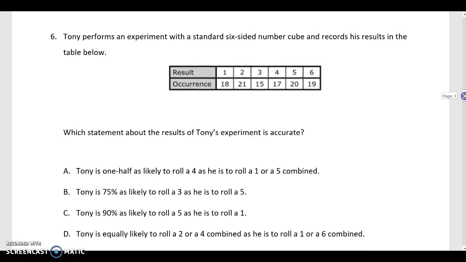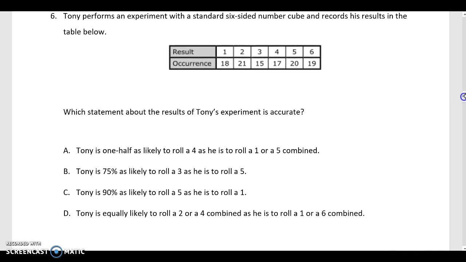All right, so number 6. Tony performs an experiment with a standard 6-sided number cube and records the results in the table. Which statement of Tony's experiment is accurate? So we're looking for what's true or false. Accurate means true. Okay, so Tony is half as likely, so 1/2, to roll a 4, which happened 17 times, as he is to roll a 1 or a 5 combined.